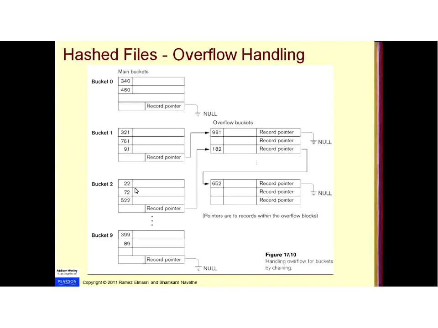This is how overflow is handled. This is the diagram depicting that. Like you have bucket 0, bucket 1, bucket 2, and up to bucket 9. So if your bucket is full, like in this case, this bucket had 3 locations and all 3 are filled. If some other value is hashing to bucket 1, you cannot keep it here.